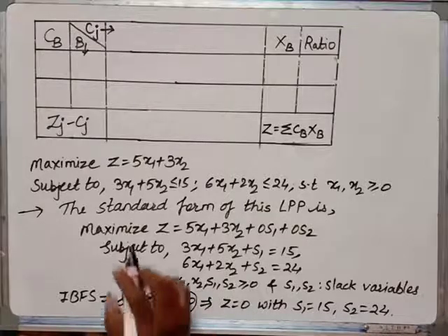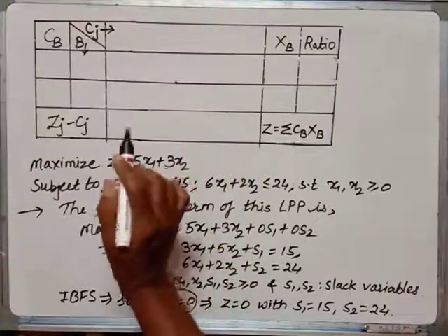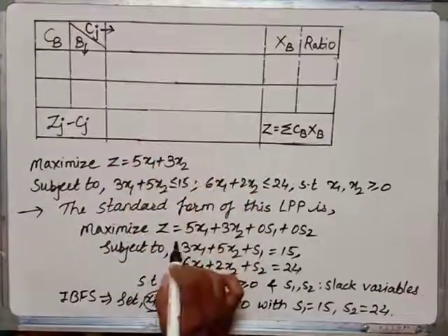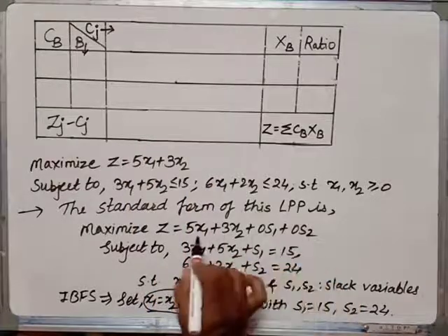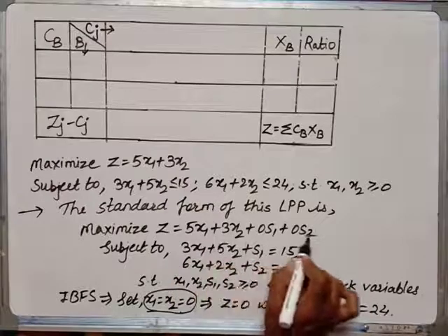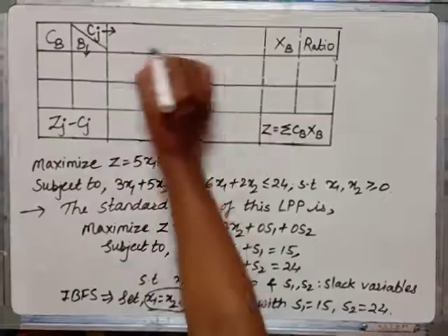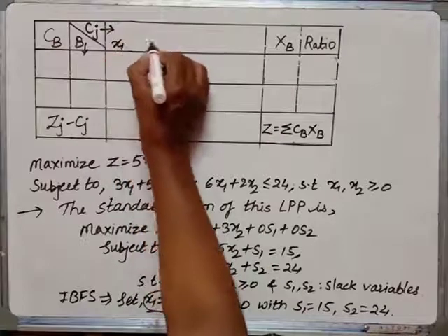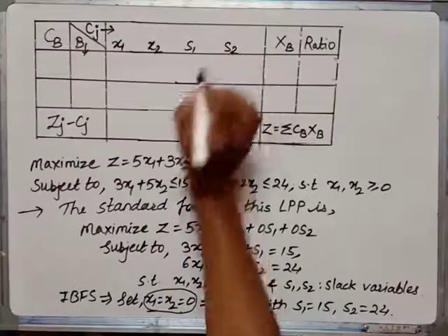So now here in this simplex table, first of all, let me explain one by one. Now, how many variables are in our objective function of standard form of LPP? x1, x2, s1, s2. So those variables we have to write here as x1, x2, s1, s2.